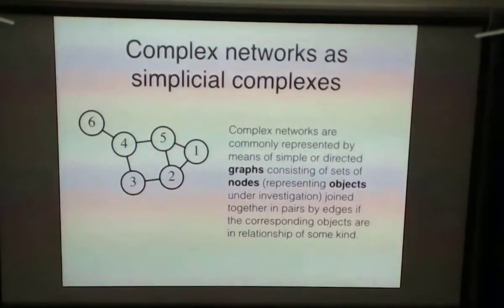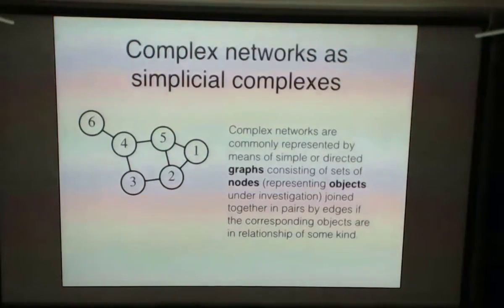The standard way of representing a network is by using graphs. A graph has vertices and edges, and vertices represent some objects, and edges represent relationships between objects. So this is the usual standard way of representing networks.